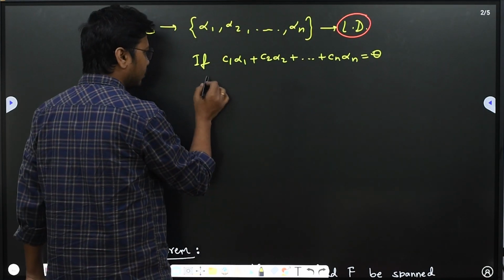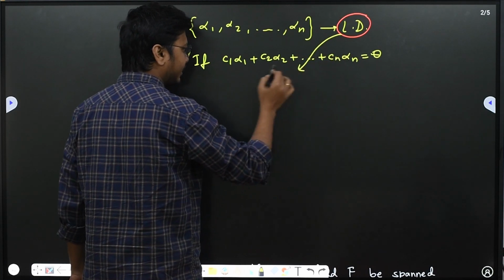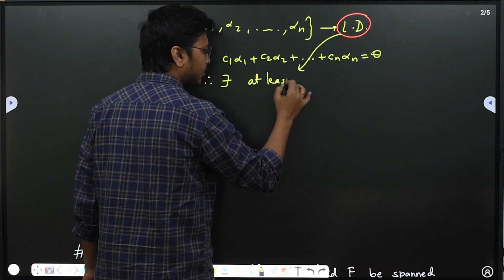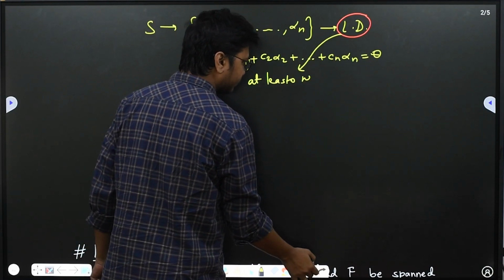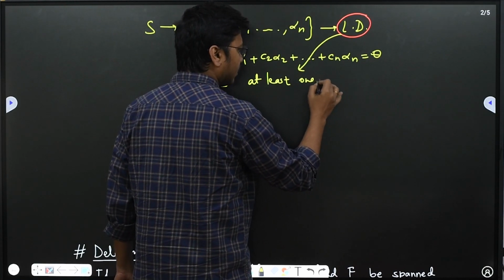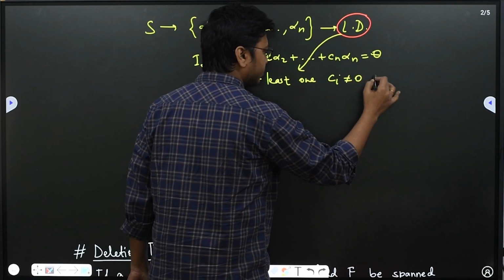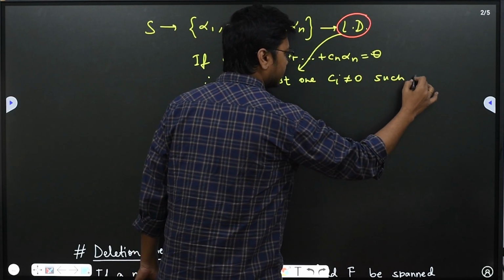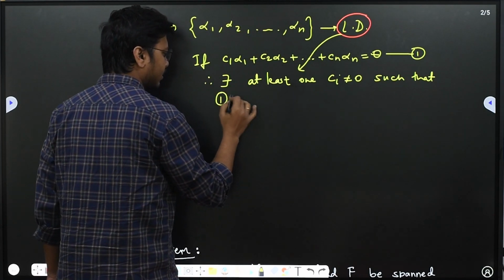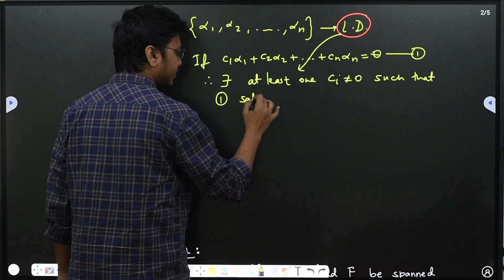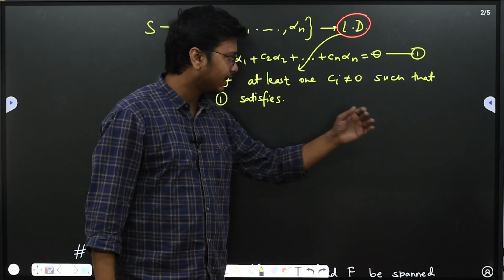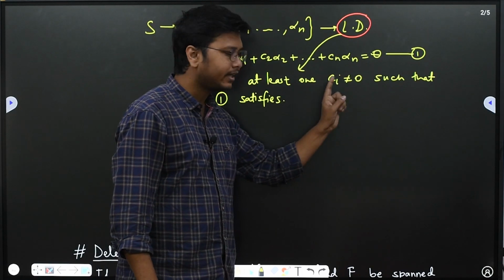So if it is linearly dependent, I can say that therefore there exists at least one Ci not equal to 0 such that, if I call this equation 1, it satisfies. So equation 1 is going to be satisfied provided at least one constant is non-zero.